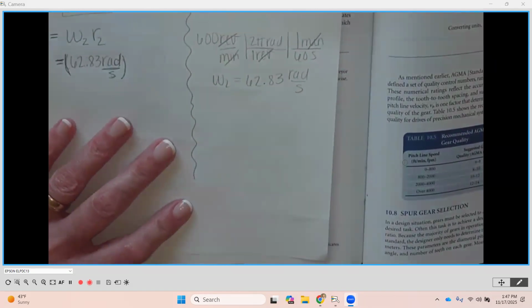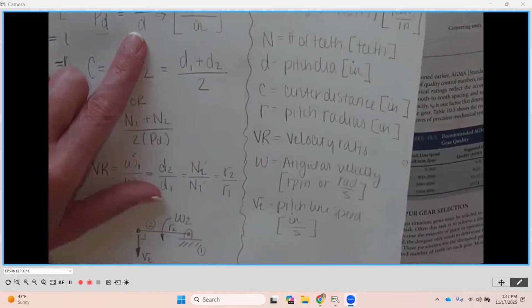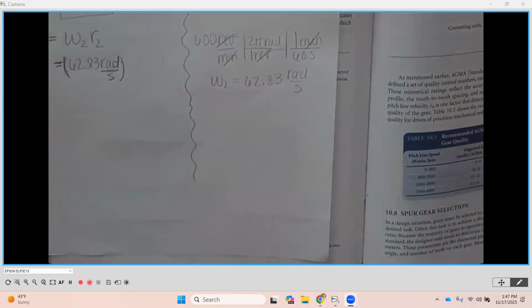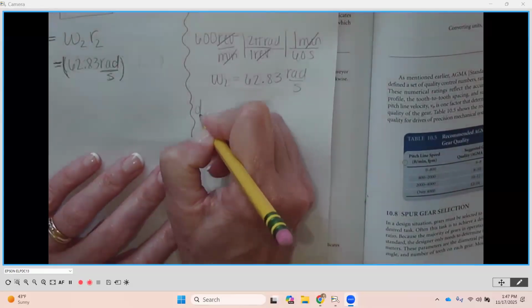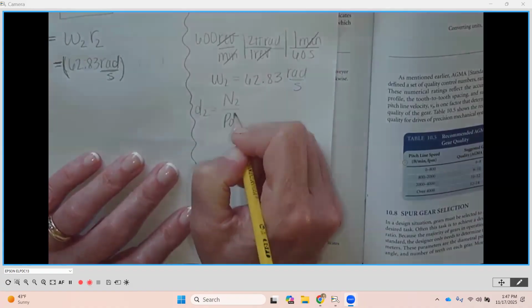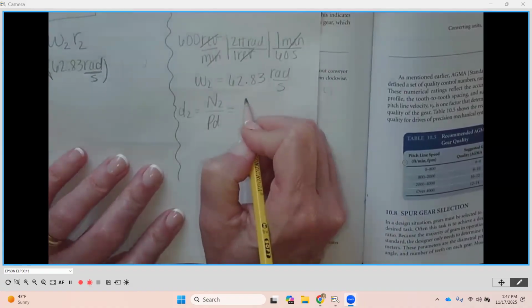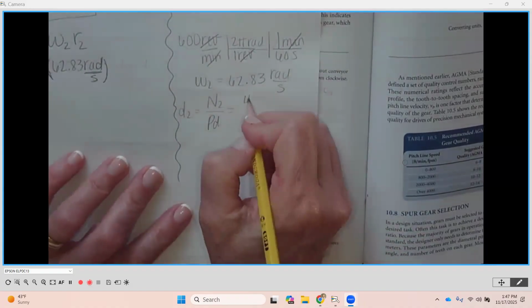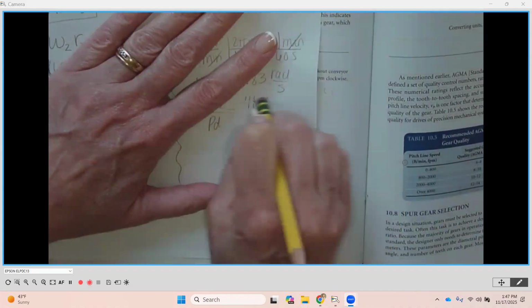So over here, I'm going to do that work down here. If I rearrange, solving for the lowercase d here, d is going to be equal to number of teeth divided by diametral pitch. So D2 is going to be equal to N2 divided by the diametral pitch, which is, was it 45 teeth? Yeah, 45 teeth.